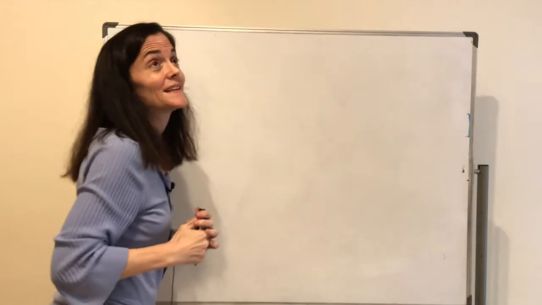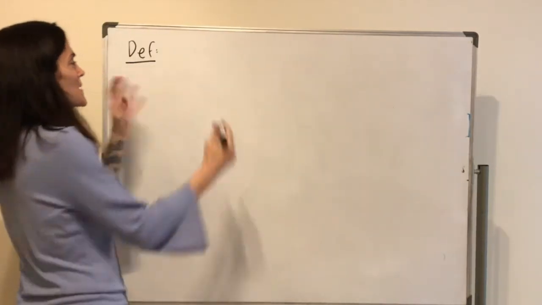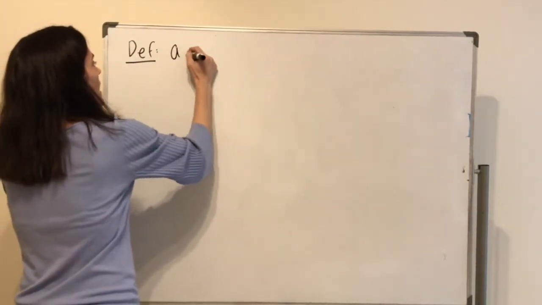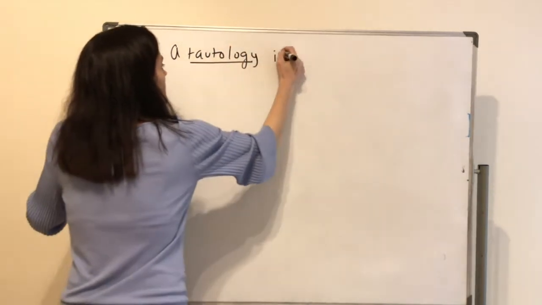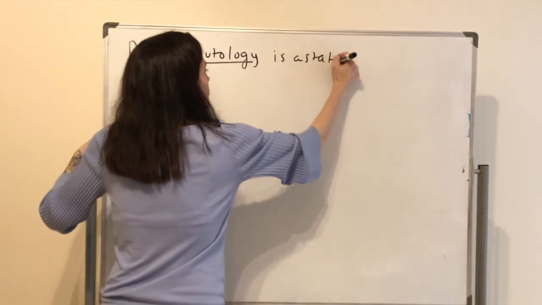There are a few special types of statements. So a tautology is a statement that is always true.